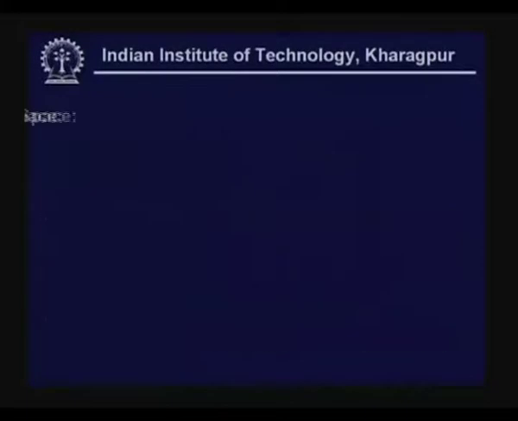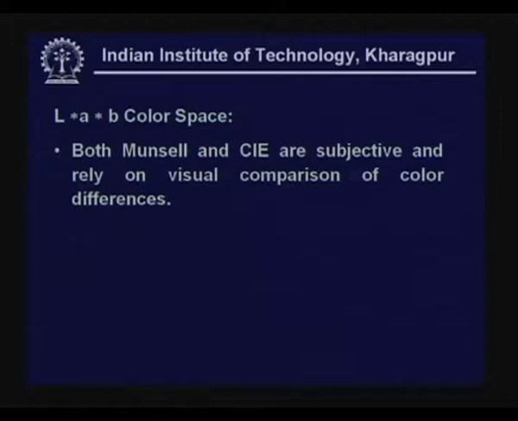The more common system is what we call the LAB color space. Why go in for another system?